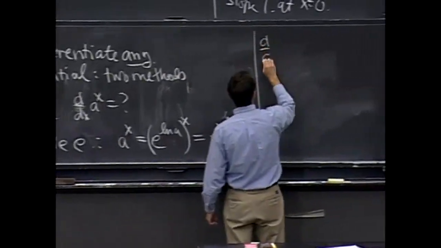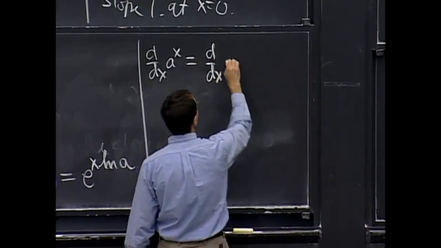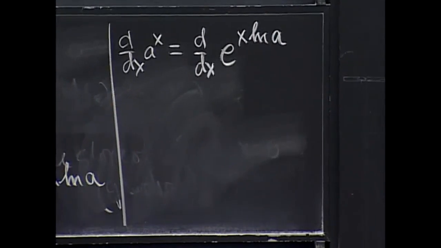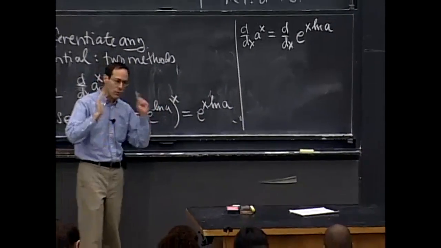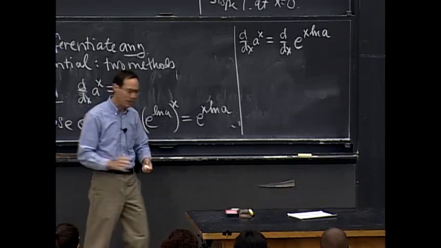So d by dx of a to the x is equal to d by dx of e to the x log a. And now this is a step which causes great confusion when you first see it, and you must get used to it because it's easy, not hard.